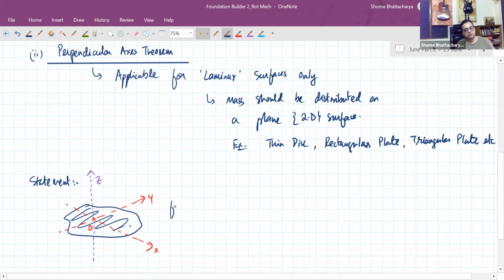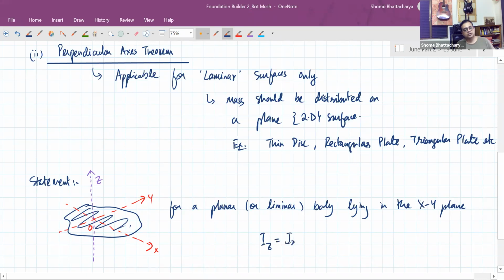So for a planar or laminar body lying in the xy plane, we have the formula that moment of inertia about the z-axis is equal to the sum of moment of inertia about the x and y axes.